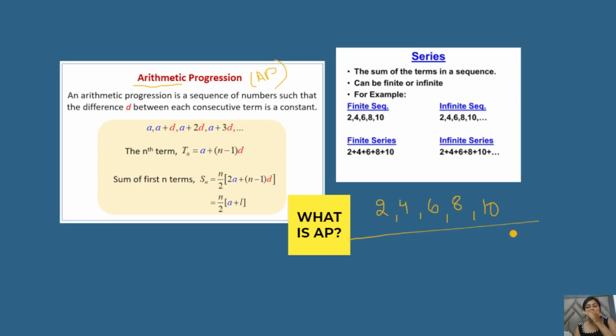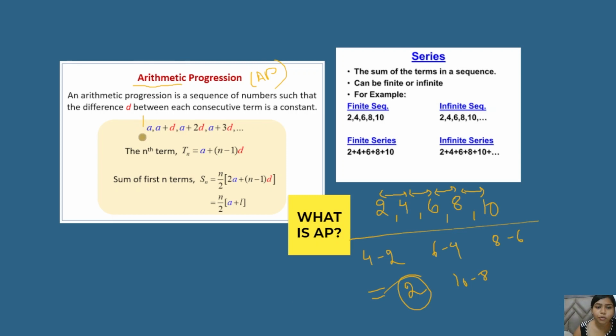An AP is a sequence in which the difference between every number is the same. You can find the difference between 4 minus 2, 6 minus 4, 8 minus 6, and 10 minus 8. All the differences are equal to 2. So when the difference between two consecutive numbers is always constant, it is known as an AP.